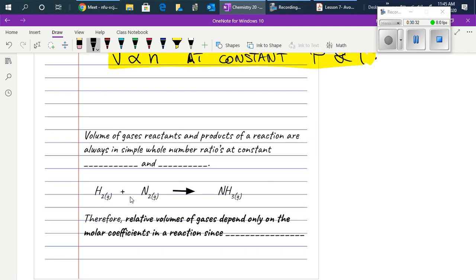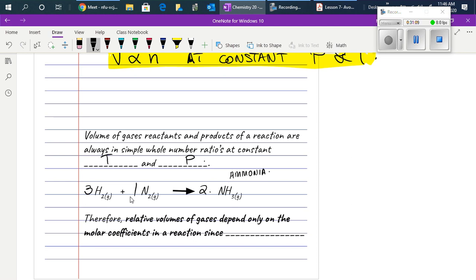Okay, so now let's see, at constant temperature and pressure. If we have hydrogen and nitrogen reacting together to produce ammonia, the reaction will be something like this. If we balance it, then we will have 3, 1, and 2.